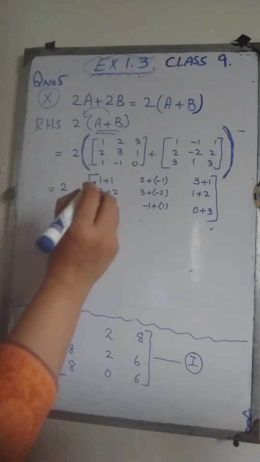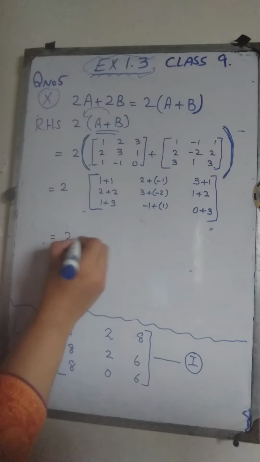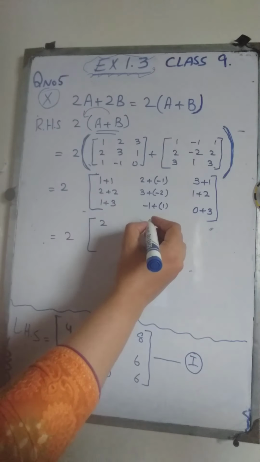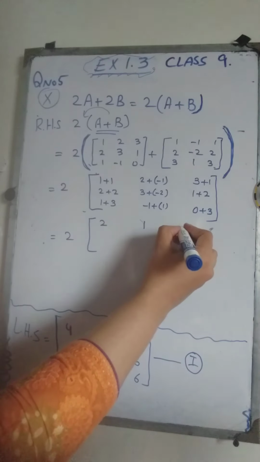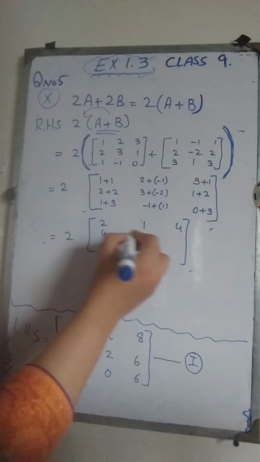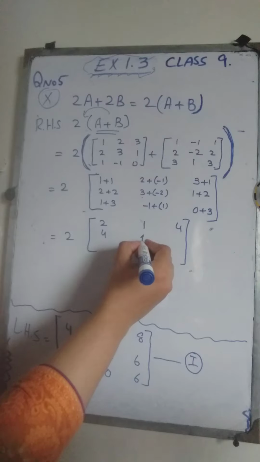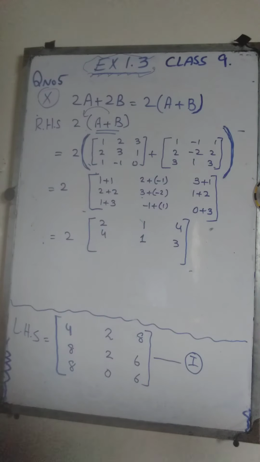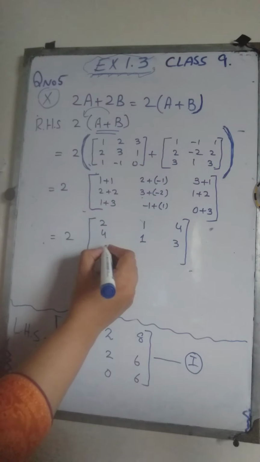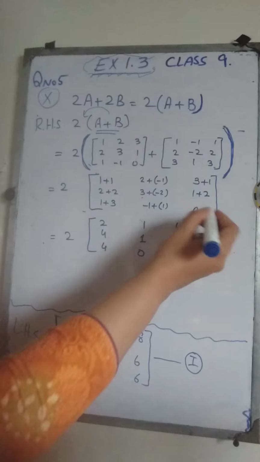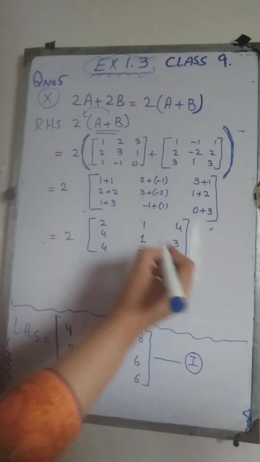Now this will be 2 times: 1 + 1 will be 2, 2 - 1 will be 1, 3 + 1 is 4. Okay, 2 + 2 is 4, 3 - 2 will be 1, 1 + 2 will be 3, 1 + 3 will be 4, -1 + 1 will be 0 and 0 + 3 will be 3.